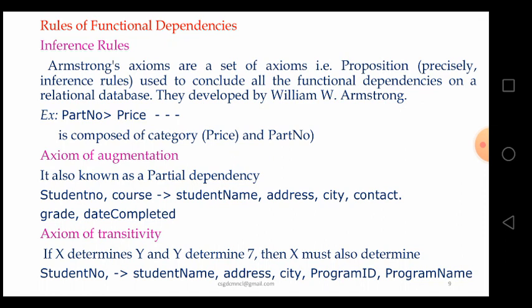A functional dependency is a relationship between two attributes that depend on the primary key and non-key attributes, and we also discussed anomalies in update, deletion, insertion, etc. Now we discuss the rules of functional dependencies.